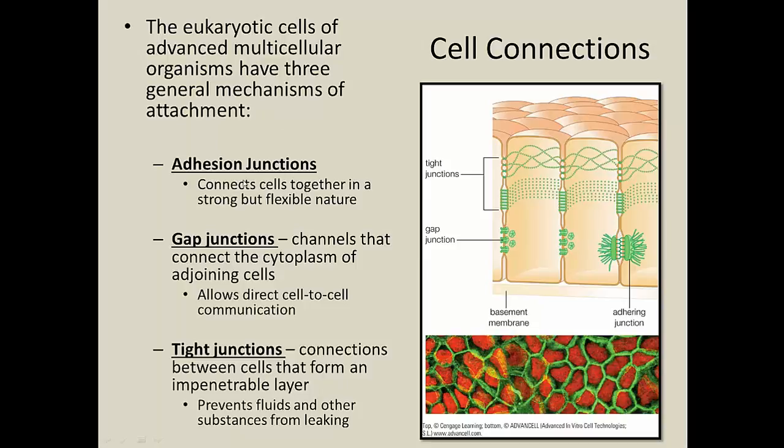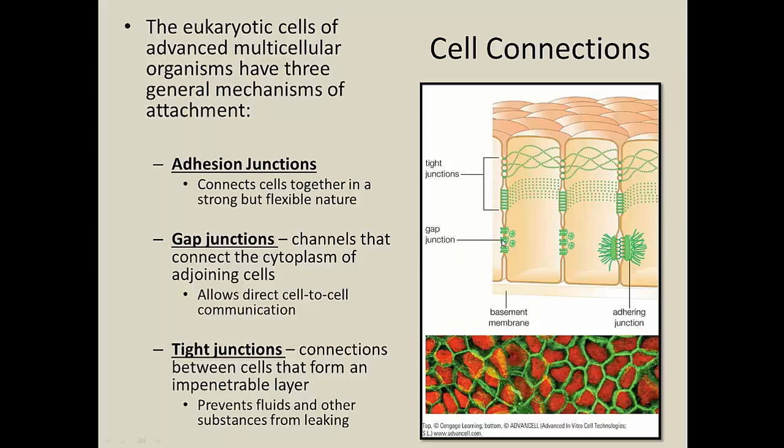In a nutshell, that starts in part due to cell connections and mechanisms of joining multiple cells together. So there are 3 basic types of cell connections here. One is called an adhesion junction. These simply connect cells together. So here's a cell next to each other. Adhesion or adhering junctions, as they're called here, simply connect 2 cells together.